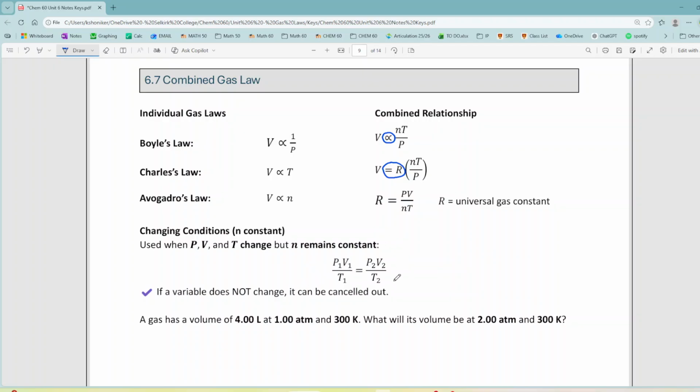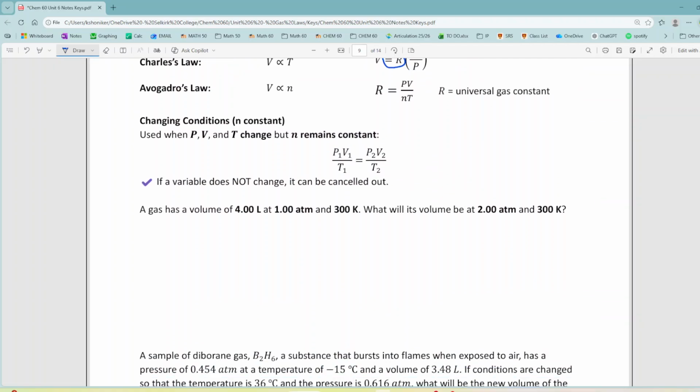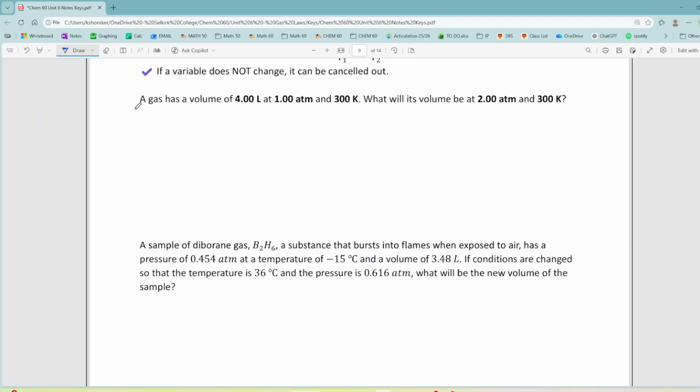So what we can do is use this overall equation and then just cancel out the things that are already constant, the things that aren't changing, and I'll show you what I mean by that. If we take this first example, we have a gas with a volume of 4 liters, so V1 is equal to 4 liters, at 1 atmosphere of pressure, so P1 is 1 atmosphere, and a temperature T1 of 300 kelvins.